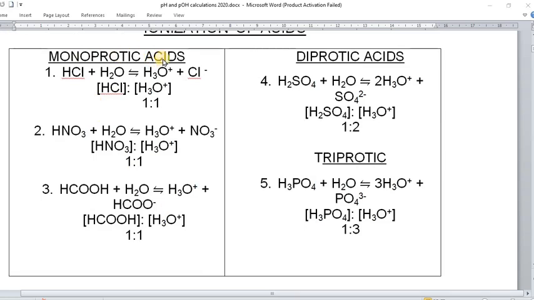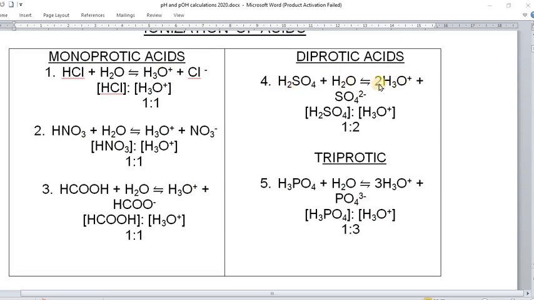I believe that you understand the term monoprotic. It means that it produces 1 hydrogen ion or 1 hydronium ion per molecule in solution. We come to the diprotic. In that case, we define it as producing 2 hydronium ions per molecule of the acid.